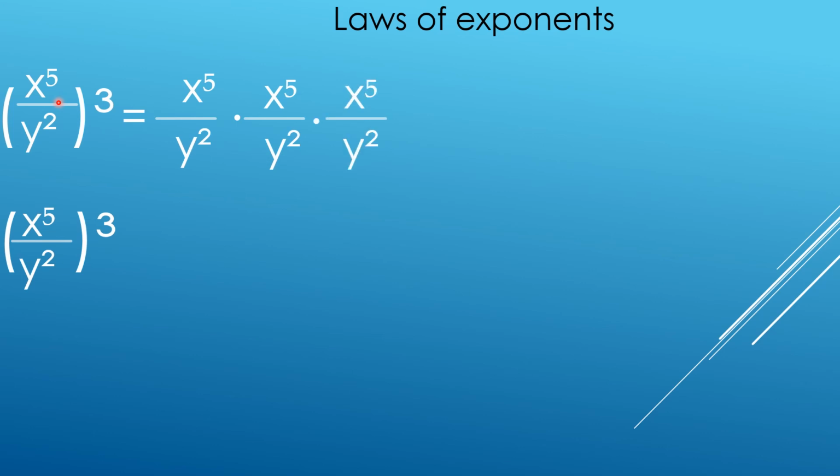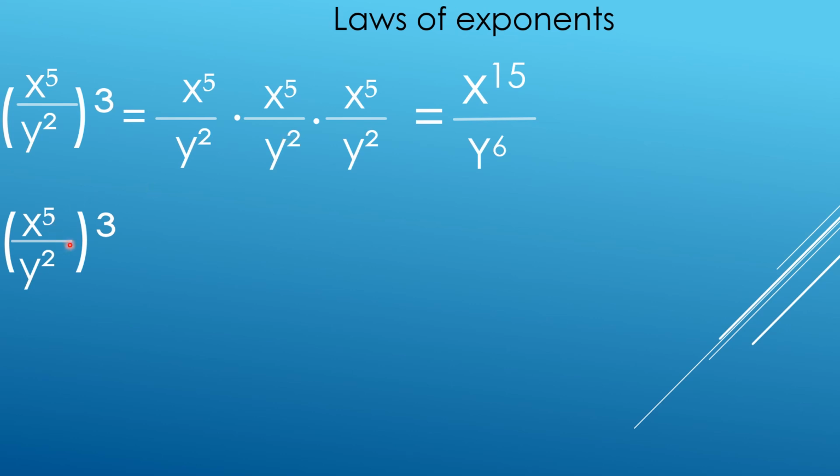That's what the exponent tells us. And now applying the product rule that we have learned, that is copy the base, because we are multiplying here, and add the exponent. So therefore, that is x to the 15th power. Same thing with the denominator, copy the base y and add the exponent, so that is 6.